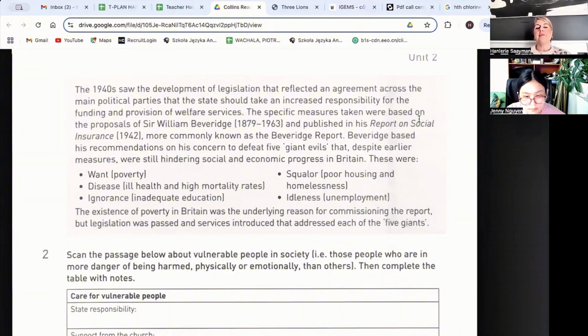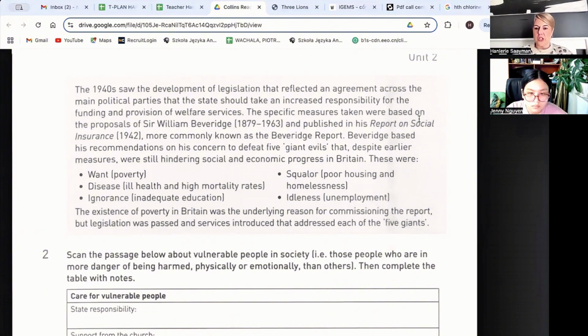Okay, so the 1940s saw the development of legislation that reflected an agreement across the main political parties that the state should take an increased responsibility for the funding and provision of welfare services.